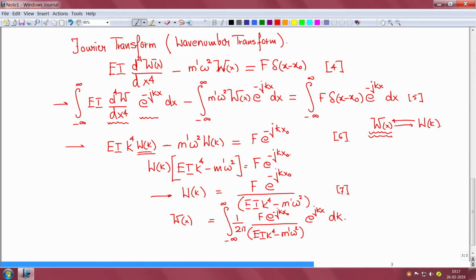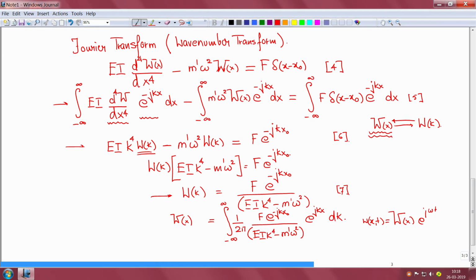Now the wave number variable k extends from minus infinity to infinity, k gets integrated out and we have w of x, and my final answer is this small w of x comma t, which is this w of x e to the power of j omega t.